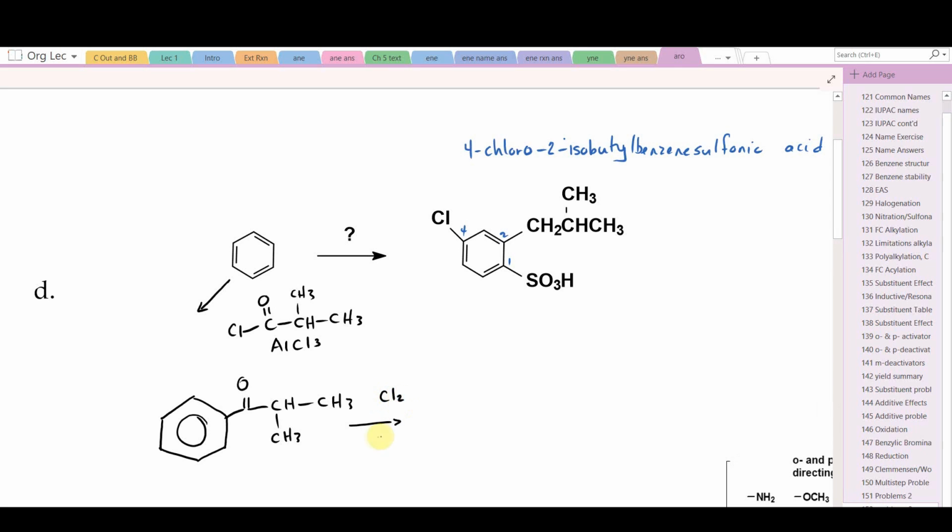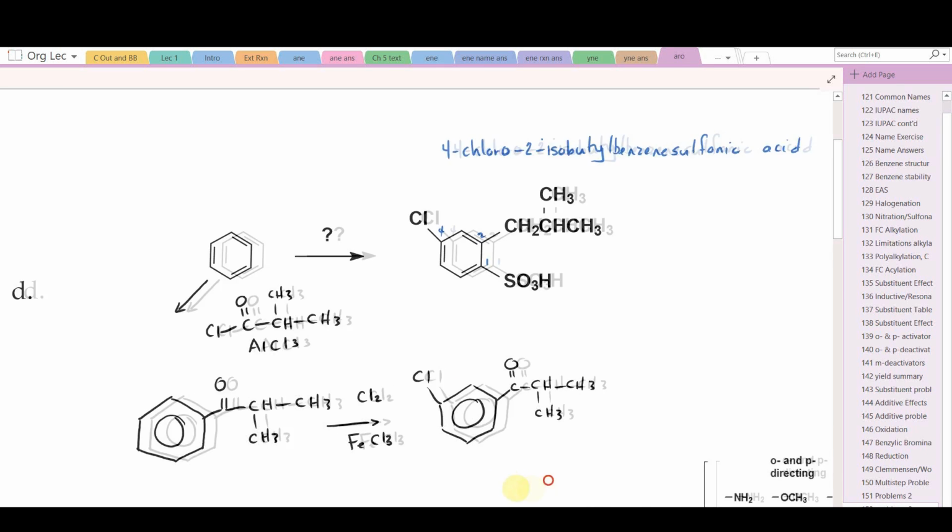How do you chlorinate the ring? Use chlorine and FeCl3. And here's our chlorine meta to this meta-directing group.